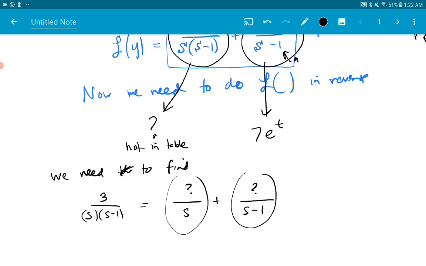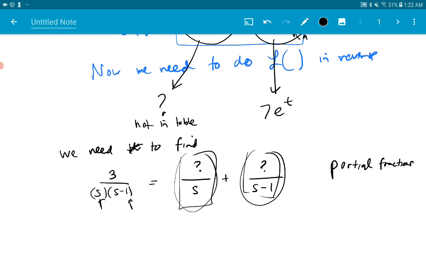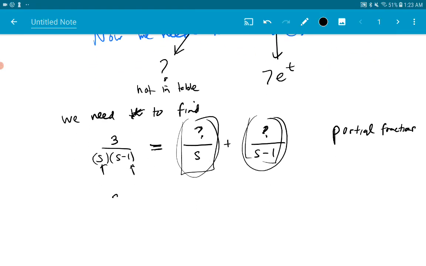We're adding a fraction in reverse, and it has a name. It's called partial fractions, because this first one is a fraction of just the first part, and the second one is a fraction of just the second part. So it's called partial fractions. So we have to figure out what these question marks are so that these are equal. So here's the technique. We don't like to use question marks in math equations, so we'll call the top number A in the first fraction.